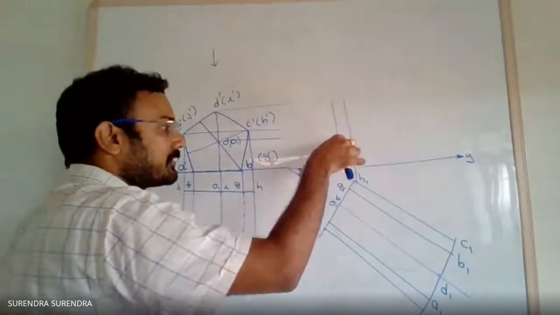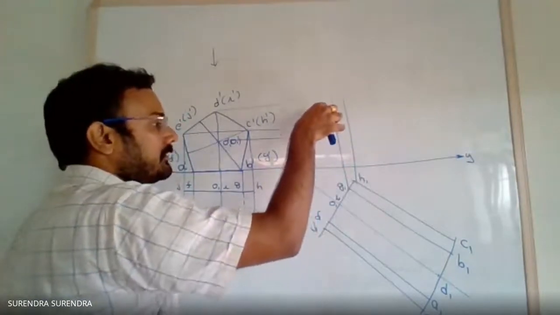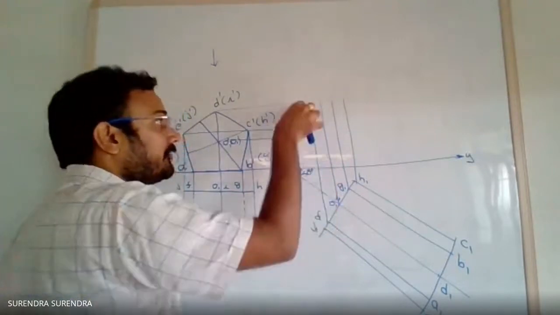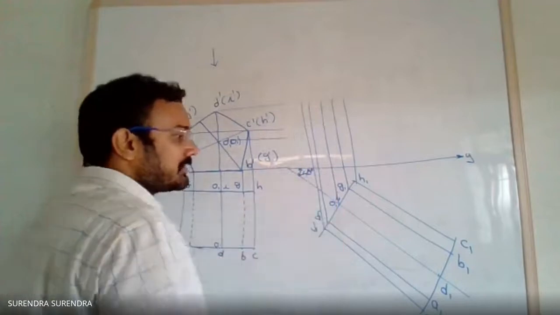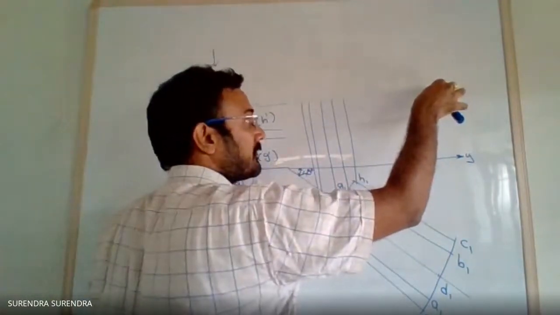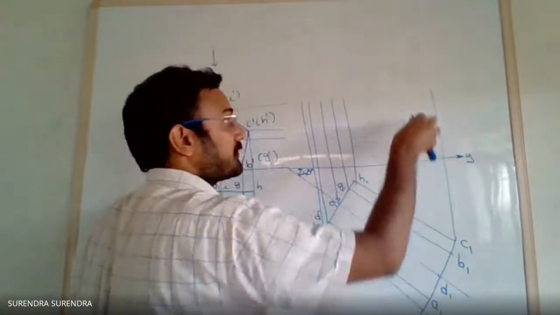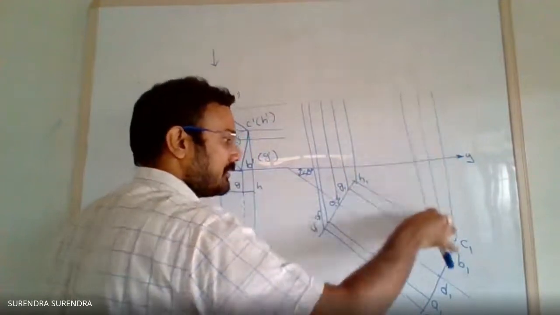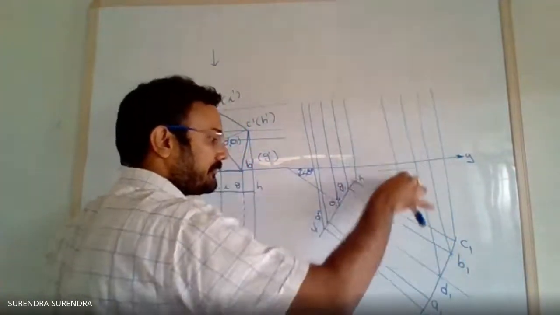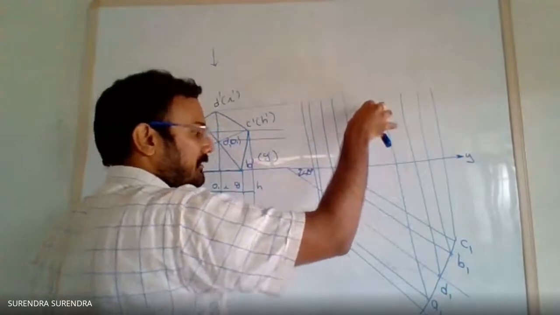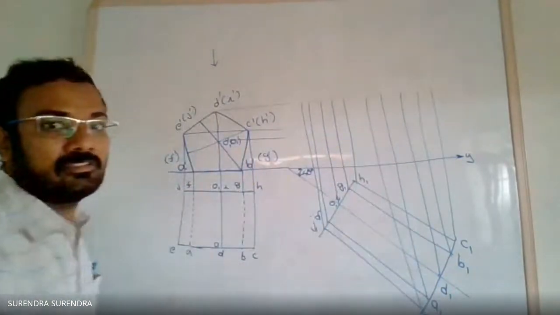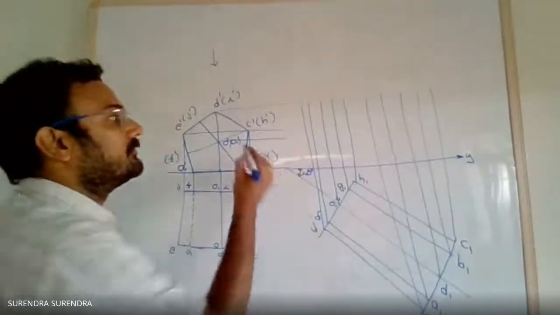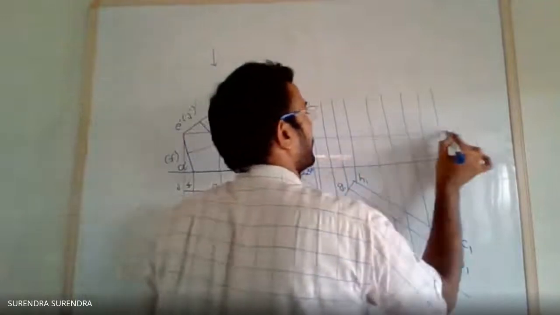H, projection from G, projection from I, F, J. Similarly, projection from C, B, D, A, E. Projections from each and every point from the top view to the front view, and then a parallel line to the X value, locus lines.